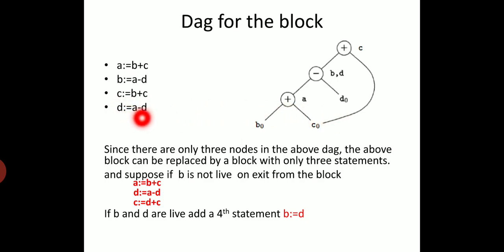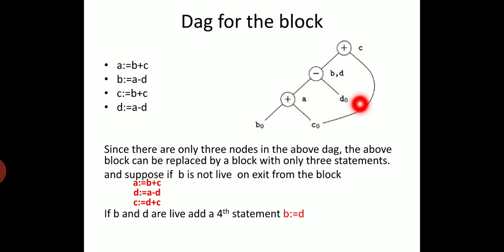Then the final statement is d equal to a minus d. That means again you have to perform a minus, but before creating the node you have to check the left and right children: do they still exist without any change? a and d are the operands we expect. a already exists, it is the result of b plus c, so you can use it as the left child. d is the already existing d0.